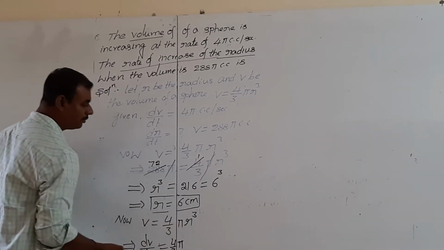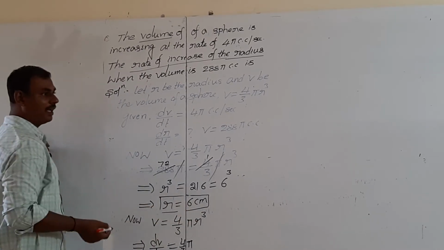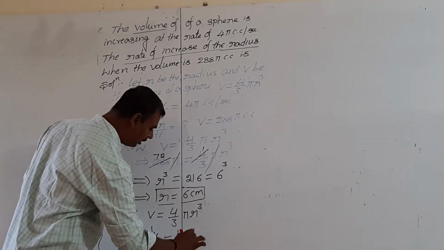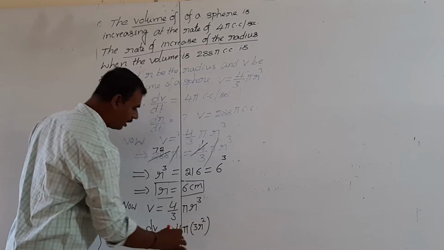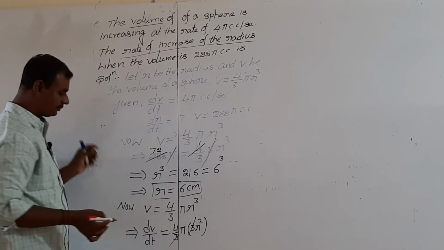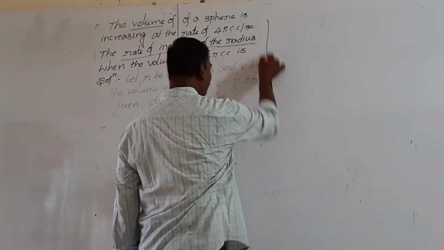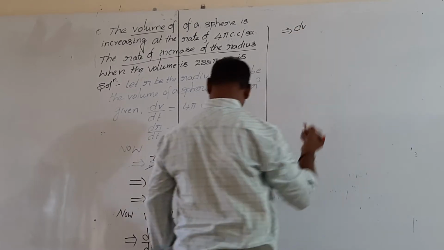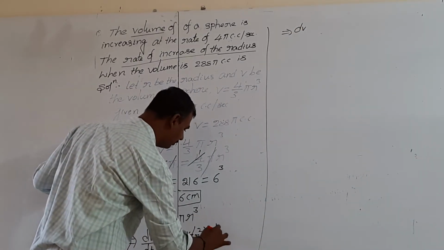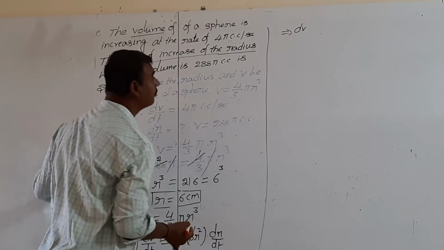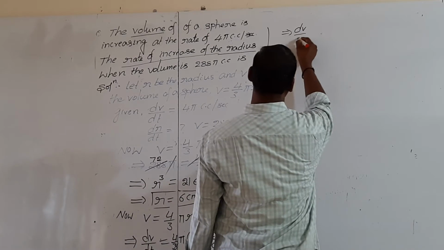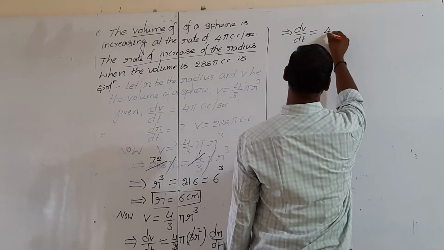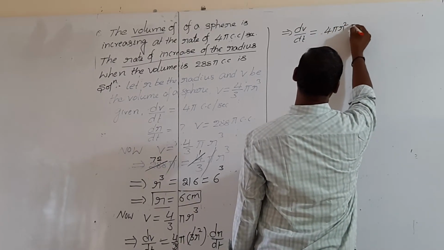We know the derivative of x raised to n is n times x raised to n minus 1, so the derivative of r cube is 3r square. Now the 3 gets cancelled. With respect to time, the derivative of r is dr by dt. So dV by dt is equal to 4 pi r square into dr by dt.